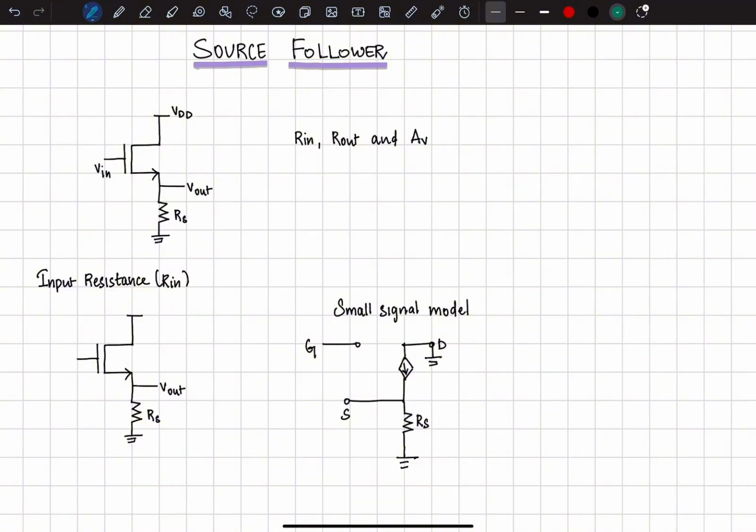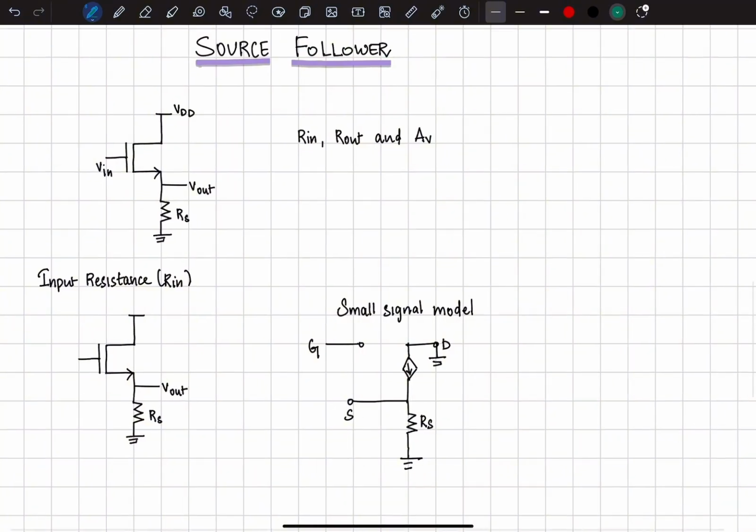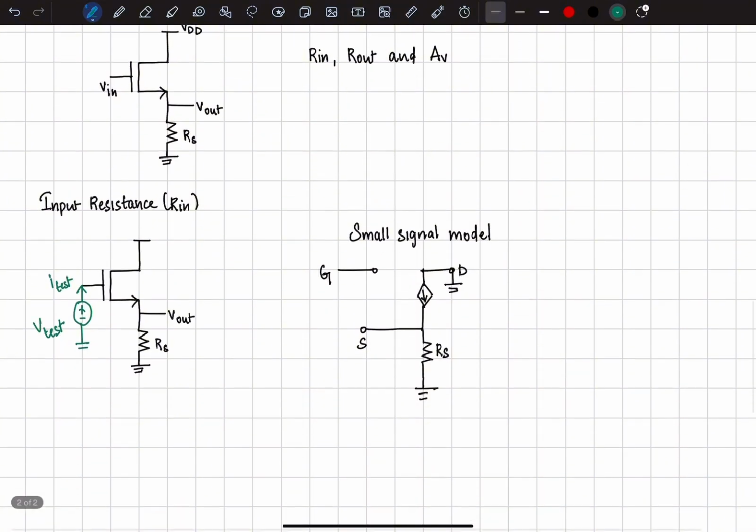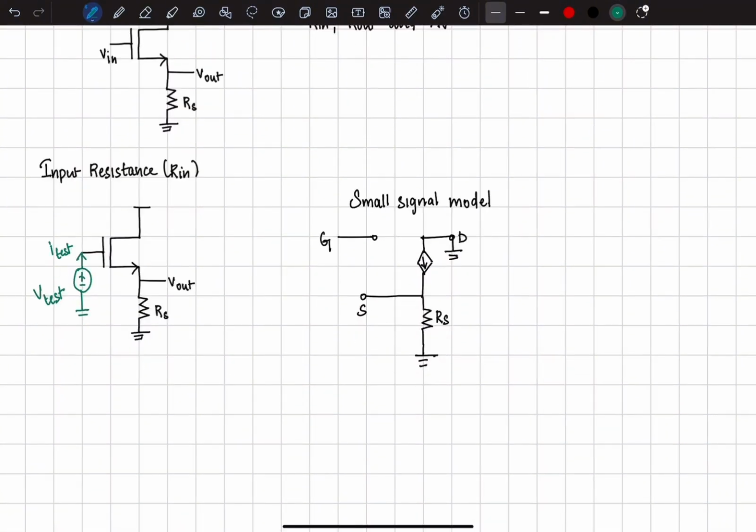In order to find the input resistance, we need to give a test voltage, V test, to the input. So I am giving a test voltage here. This produces a test current. And let's see how this looks in a small signal model.